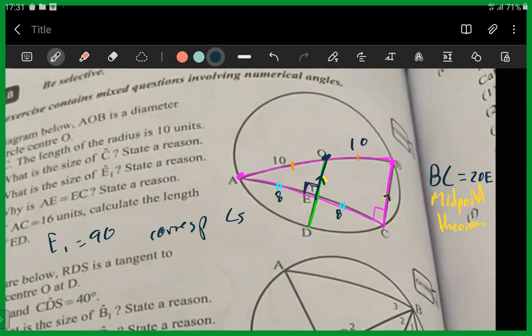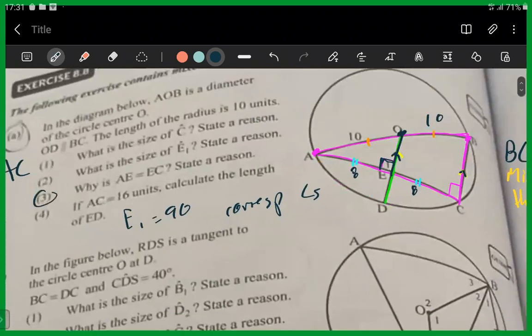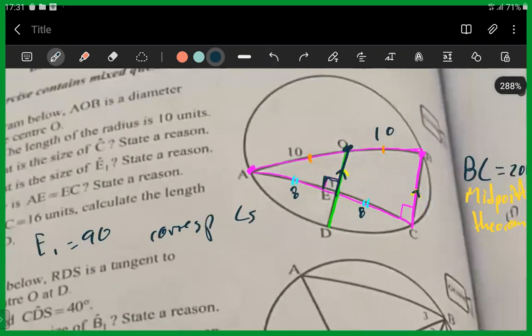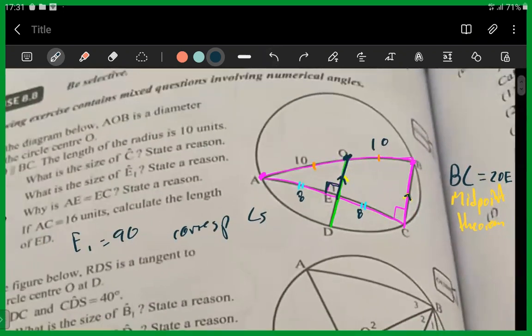So if they say this is 16, let's see how that can be useful, because they then want us to calculate the length of ED. You don't focus on getting ED specifically. Just by looking at the information given, what can we do to get ED?